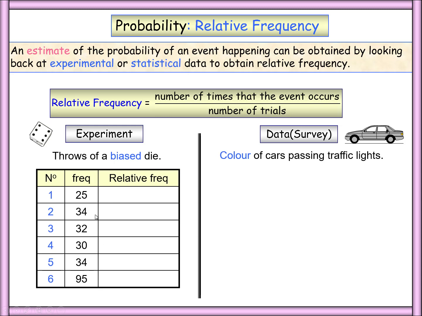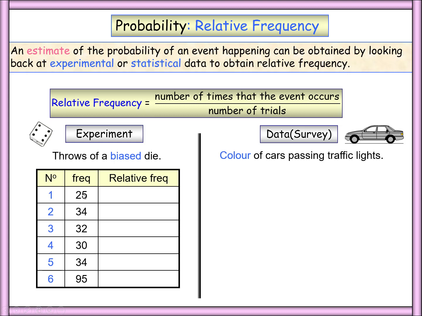So we've done our experiment, and number 1 came up 25 times, number 2 came up 34 times, 3, 32, 4, 30, 5, 34, and 6, 95 times. So we're looking here at it's highly likely that you get a number 6. So this is a die I would take if I was going to gamble. Okay, this is a die I would use if I was going to gamble.